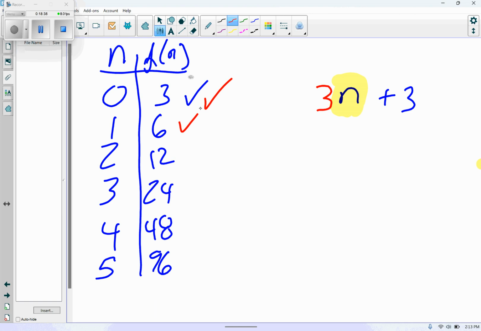Okay, oh my gosh. Friends, you got to help me. If I take 2 and I plug it in for n, I get 3 times 2, which is 6. 6 plus that 3 is a 9. Oh, it didn't work there. Oh, boy.